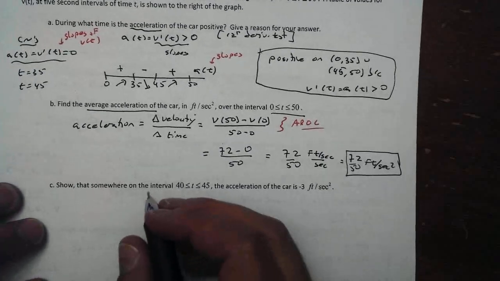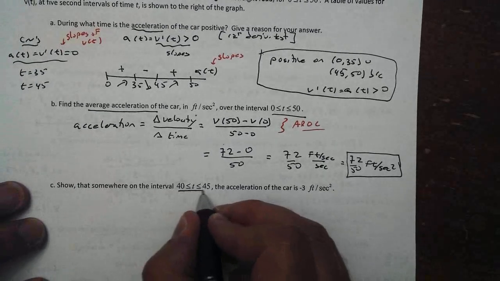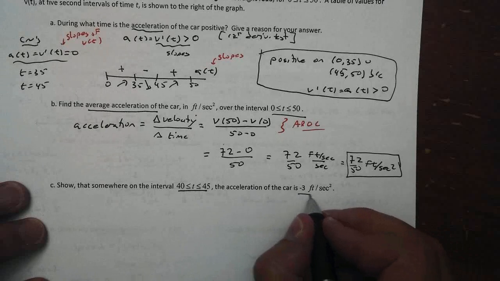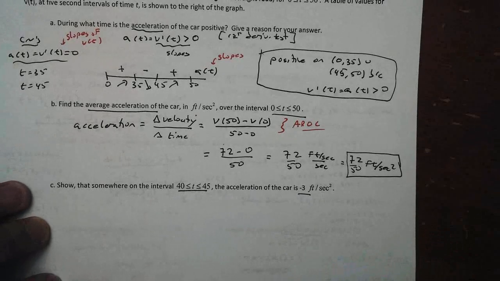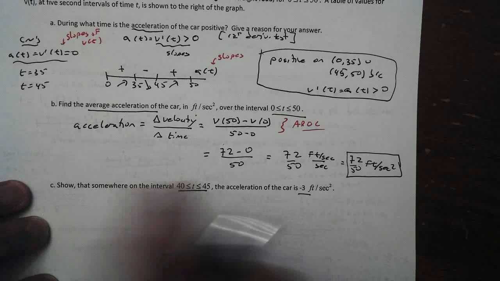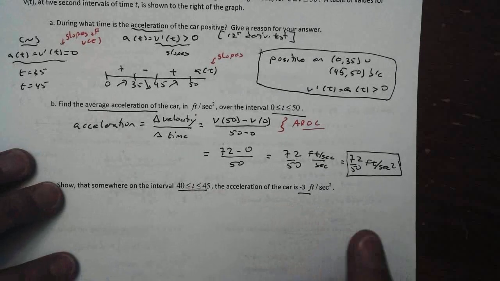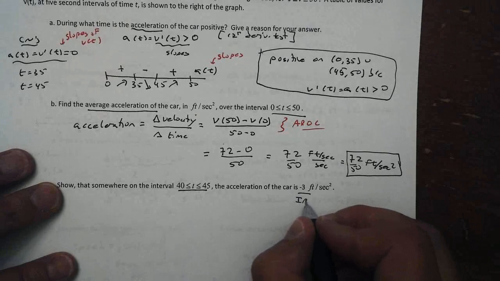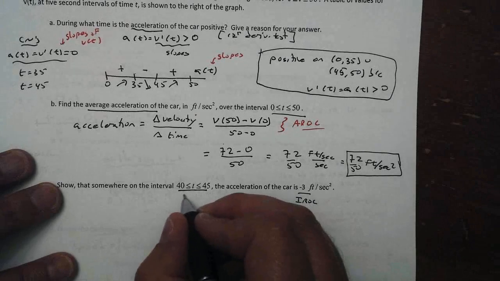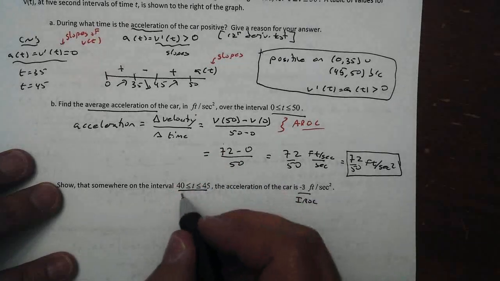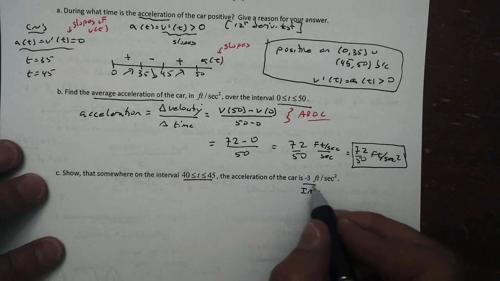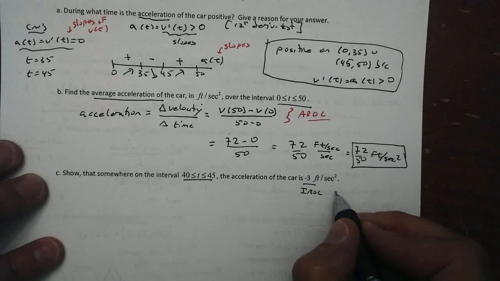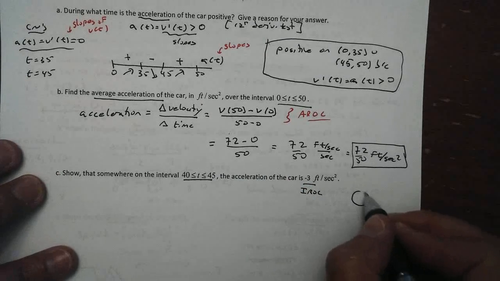The last one says, show that somewhere on the interval between 35 and 45, the acceleration is negative 3 feet per second squared. Well, now they're saying that it has to be exactly that, right? So this is like my instantaneous rate of change, but this is giving me a range of values. Because they mentioned IROC, you know what I'm thinking?